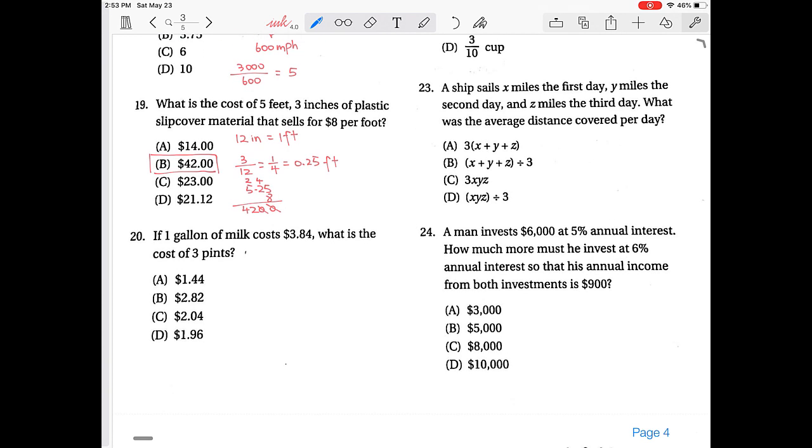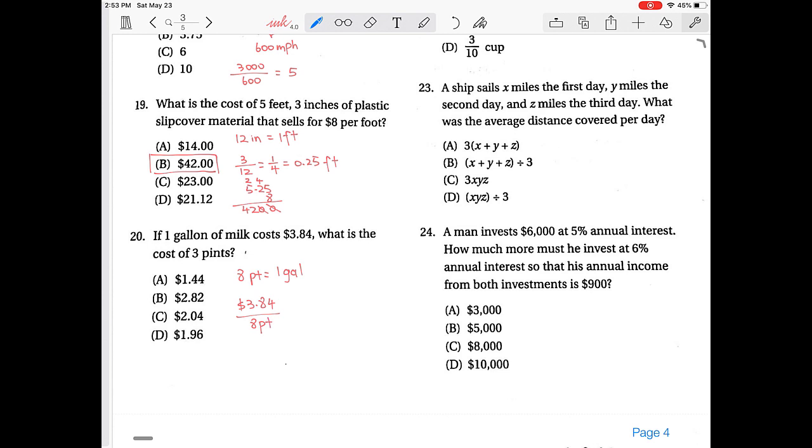Number 20, if 1 gallon of milk costs $3.84, what's the cost of 3 pints? There are 8 pints in a gallon, so we know 8 pints of milk cost $3.84.